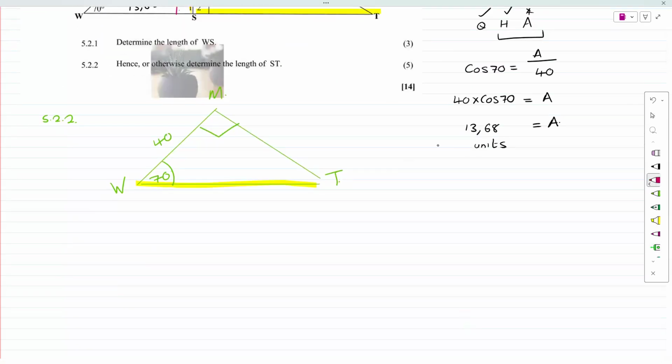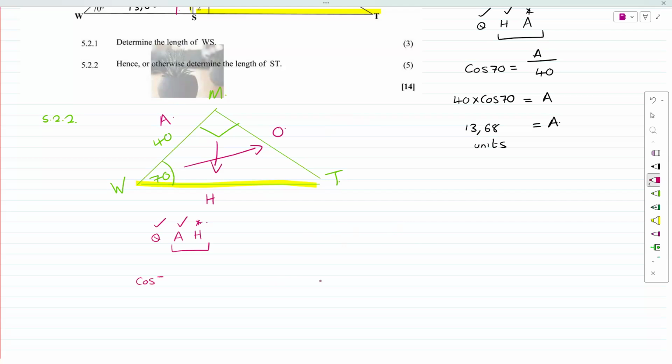Let's start to label. This is the hypotenuse. This is the opposite. And that's the adjacent in terms of this question. Okay? So in this question, we have theta. We have the adjacent, but we want the opposite. And again, this is cos.